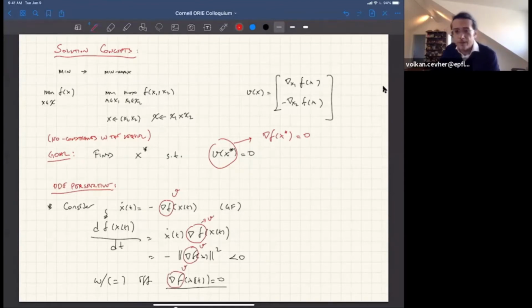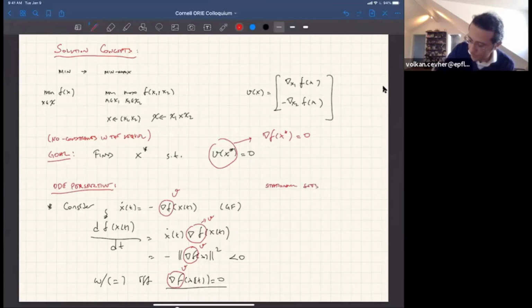All right. Now here, let me give you maybe a taxonomy of the stationary sets. We're going to have invariant sets.